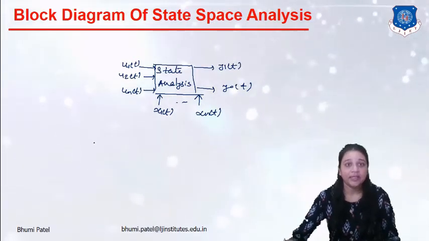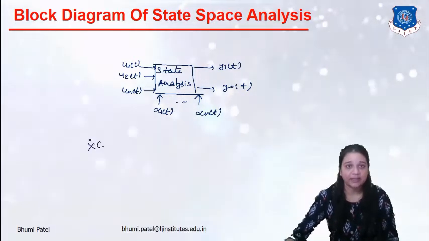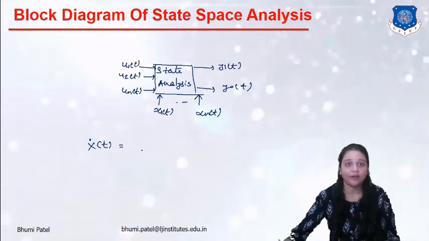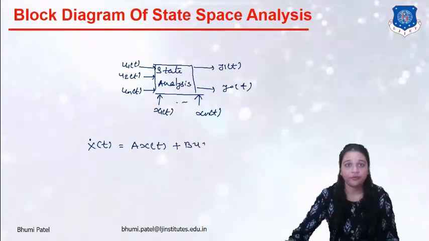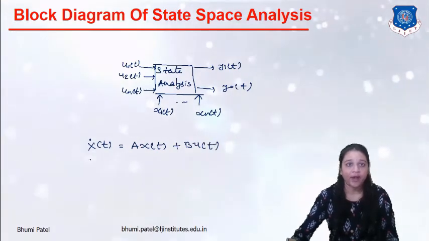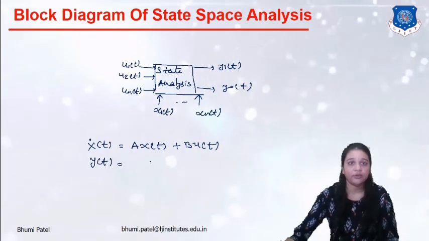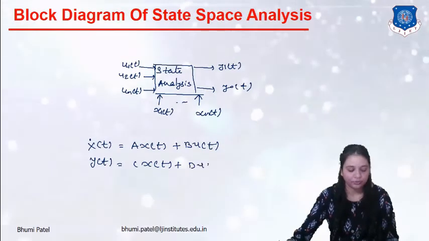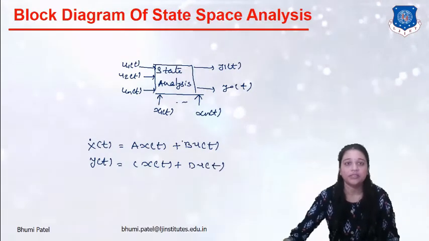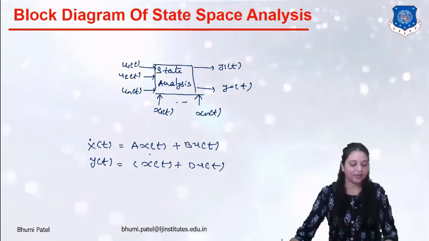This is the equation of the state space: x dot of t is equal to A x of t plus B u of t, and y of t is equal to C x of t plus D u of t. This is my state space equation.